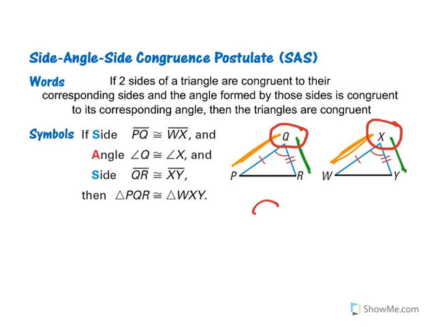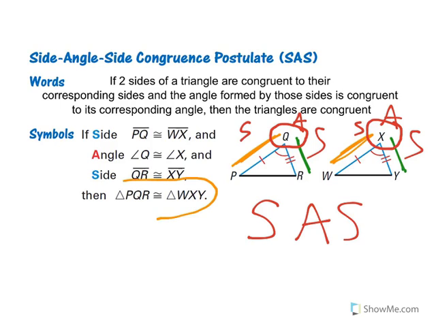So you have a side, an angle, and a side. The angle has to be in the middle. That is very important. Now you can conclude that triangle PQR is congruent to triangle WXY.